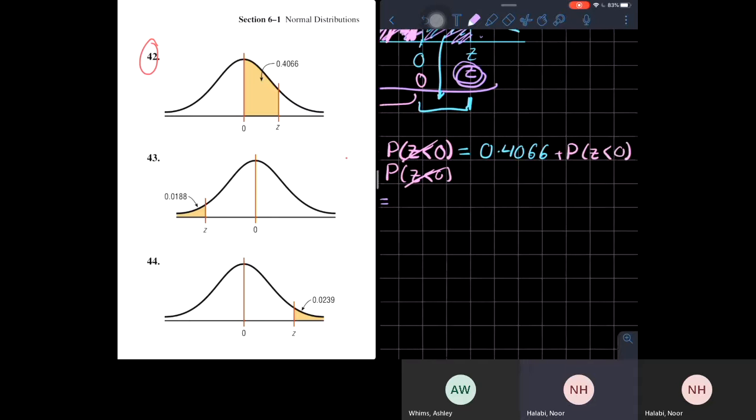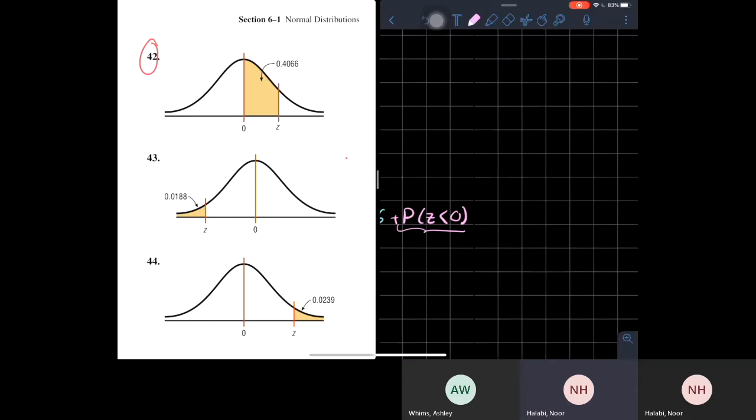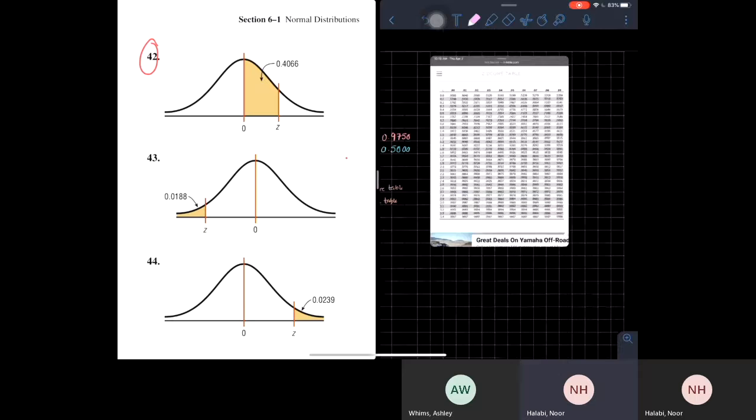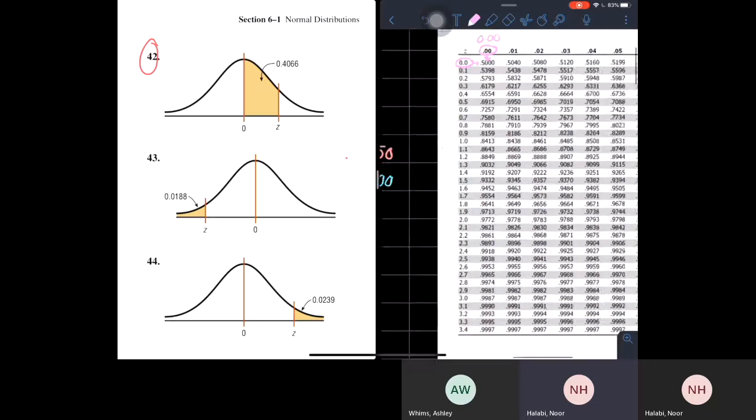So I need to look at the table to figure out what the probability that z is less than 0 is. If I go to the table, I have 0 right here and 0 right here. So this is 0.00, which will give me 0.5.